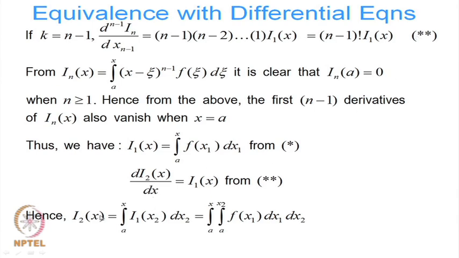So we can write I2 of x as the integral of I1 of x, but I1 of x is this, so basically it is a double integral of f of x1 dx1. First I integrate with respect to x1 between a and x2, where x2 is an intermediate, auxiliary variable, and then finally I integrate between a and x to get I2 of x.